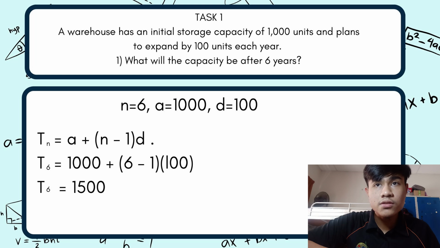So T6 equal to A is 1,000 plus n is 6 minus 1 multiplied by D is 100. So after calculation, we get T6 equal to 1,500 units. That is the capacity after 6 years.